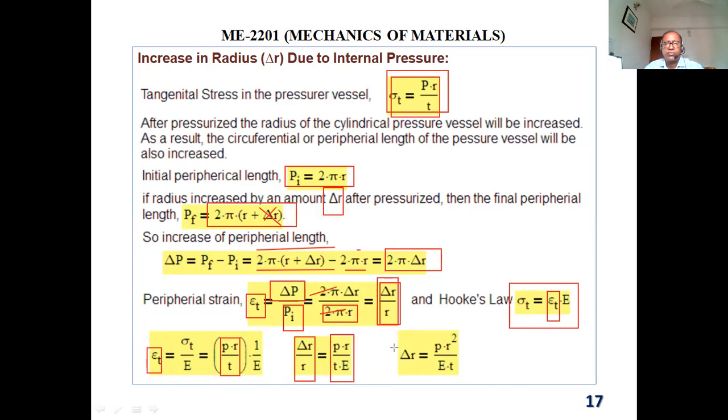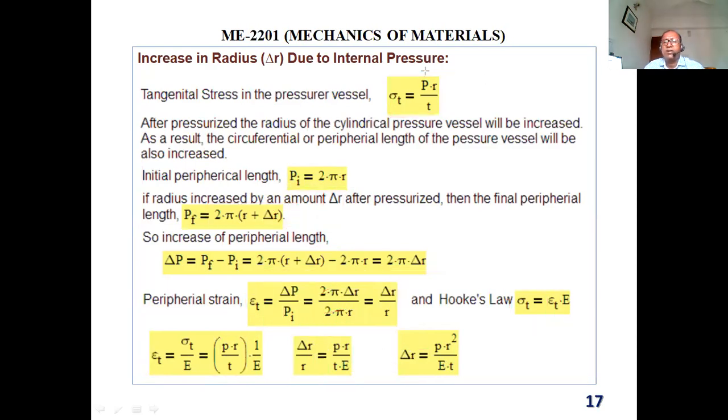Then you figure out delta R equals PR squared over tE. So you see, you can easily figure out how much the radius increases or decreases in the pressure vessel.